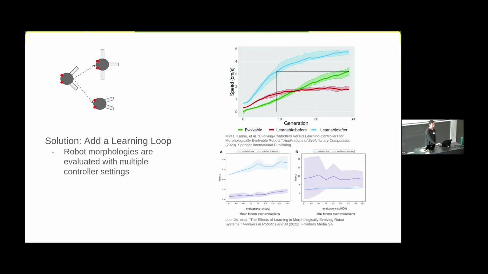morphologies tried. And in that case, it also depends on whether you want to compare with the best robot or the mean robot. But for example, looking at the left figure at the bottom, it is compared over function evaluations, and it's the mean fitness of the populations. And there, the evolution only performs actually better than the evolution plus learning.